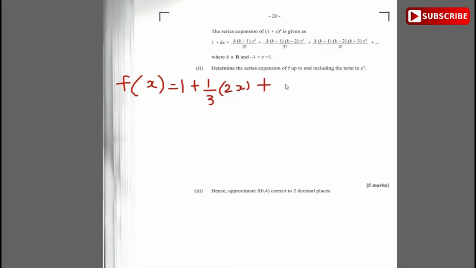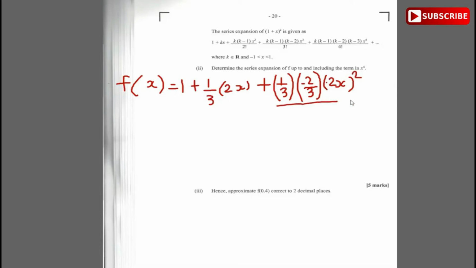K is 1 over 3, and so k minus 1 is 1 over 3 minus 1, which is minus 2 over 3. It's really sad that I just used the calculator to do that. Times x squared, but x squared is really 2x squared, and it's all being divided by 2 factorial.